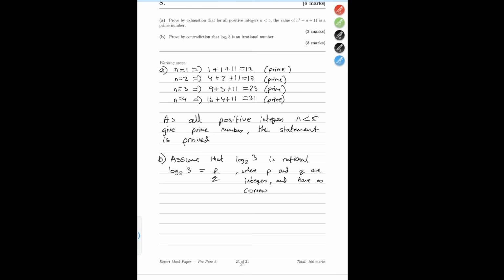I'm not sure I put lowest common multiple. Have no common factors. So when I say that, I mean it's in its fully simplified form. And obviously q can't be equal to 0 here.